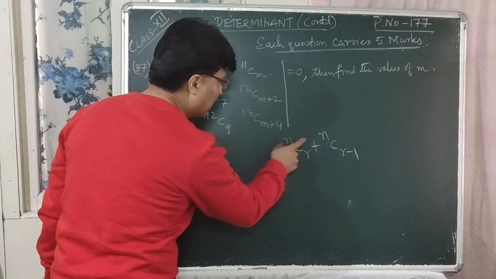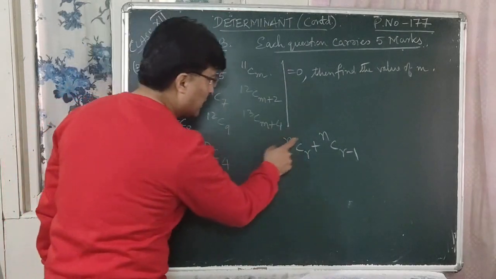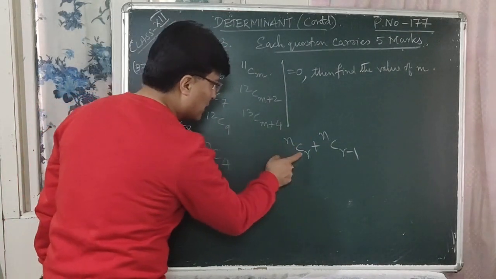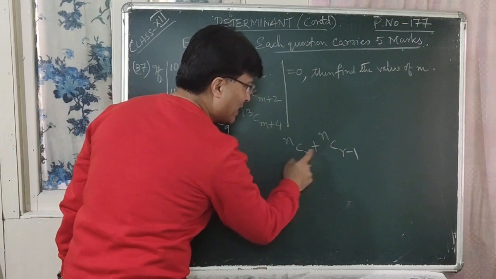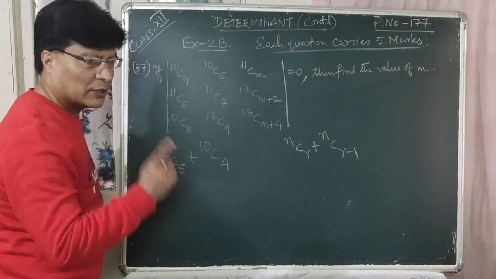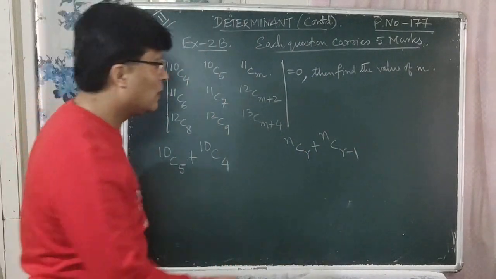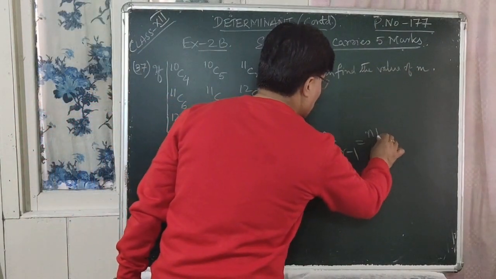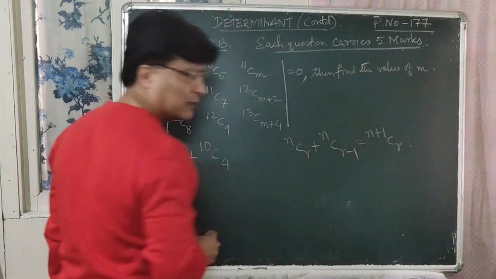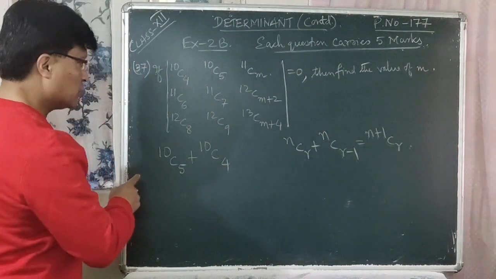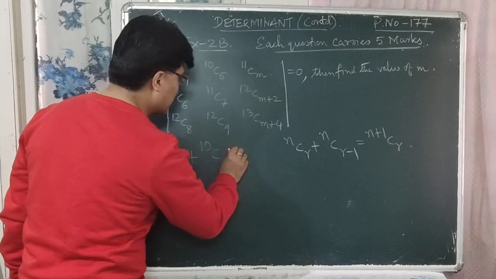So here also N, N same value is there, but here it is R, but there it is 1 less, that is R minus 1. So actually there is a formula for NCR plus NCR minus 1, which is equal to n plus 1 CR, right? So in this case also, what will you get?